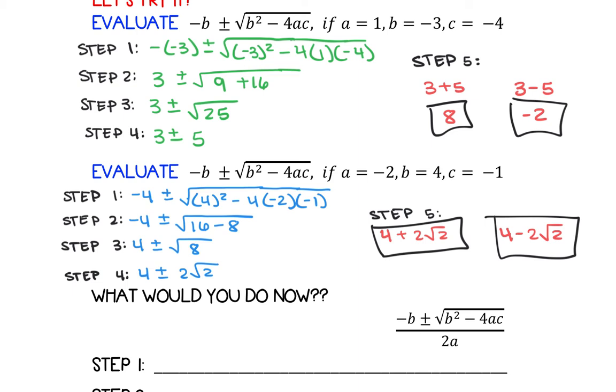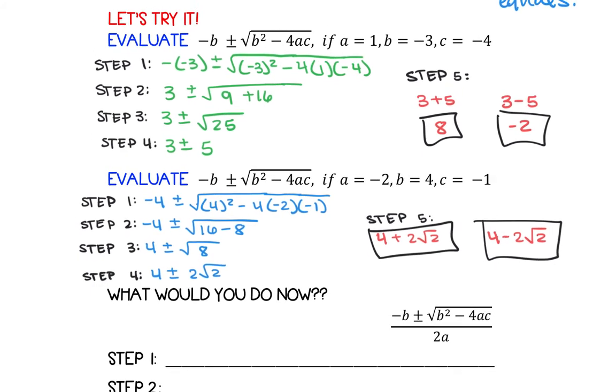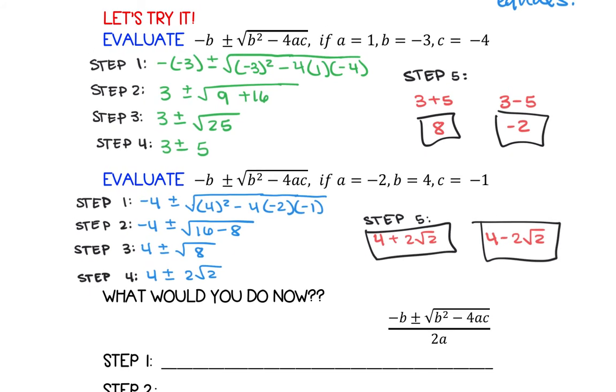Step 4, you're taking the square root of 8, so that gives you 4 plus or minus 2 radical 2, or 2 times the square root of 2, however you want to say it. Lastly, for step 5, you add and subtract what -b and what the radical equals.